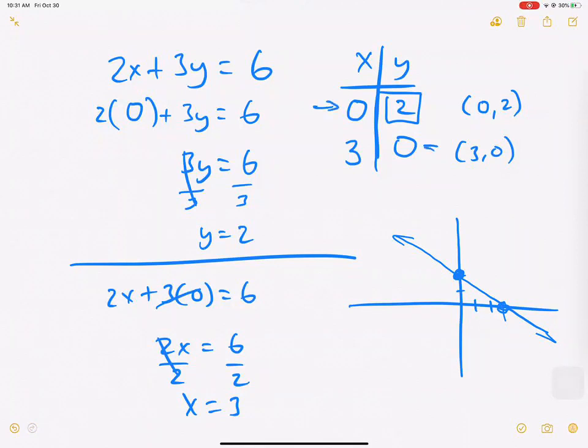Now, we actually have some special terms for these special 0 points. When we hit the y-axis, so we call this y and call this x, we call this my y-intercept. And the word intercept, in English, just means to run into, to meet.